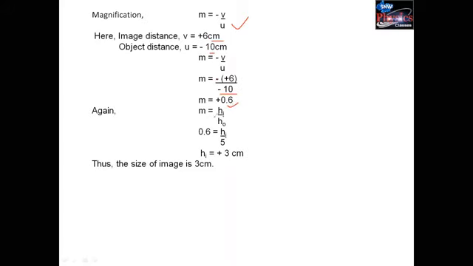Using this value, we put it again in the formula m = hi/ho. So we get the height of the image +3 centimeter because it is a virtual and erect image. So the size of the image is +3 centimeter.